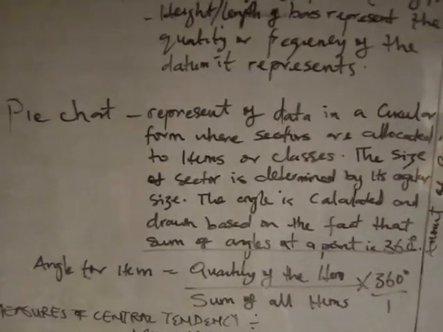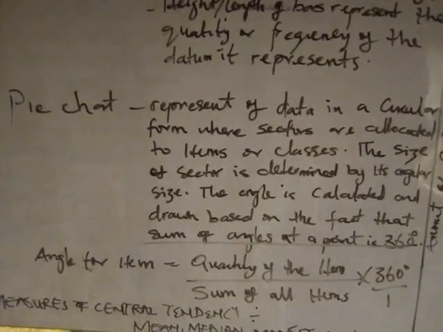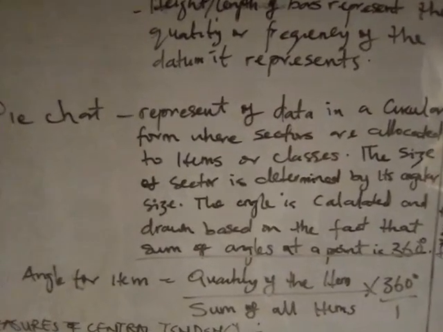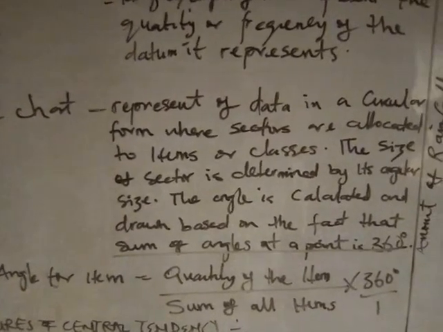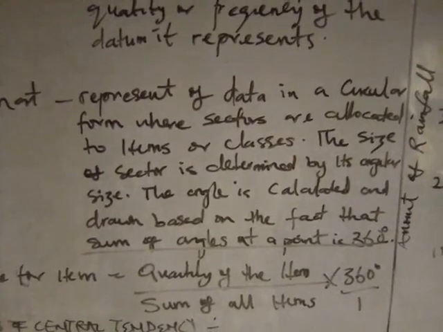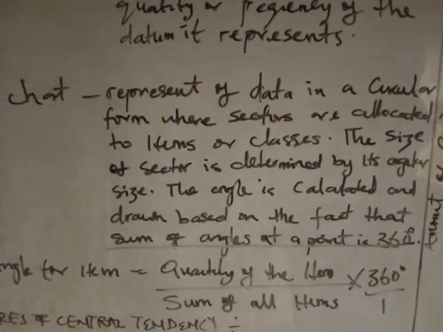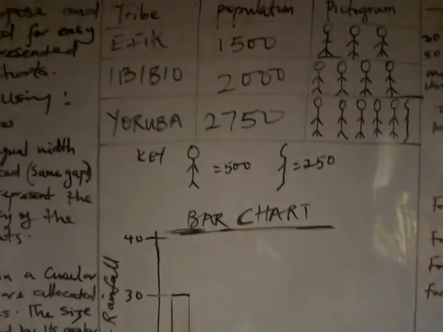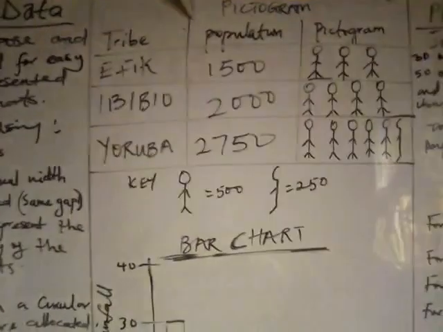So if you want to use a pie chart to represent data, the angle for an item is calculated using what? Quantity of the item over the sum of all the items, multiplied by 360 degrees over 1. So let's move into the pictogram.